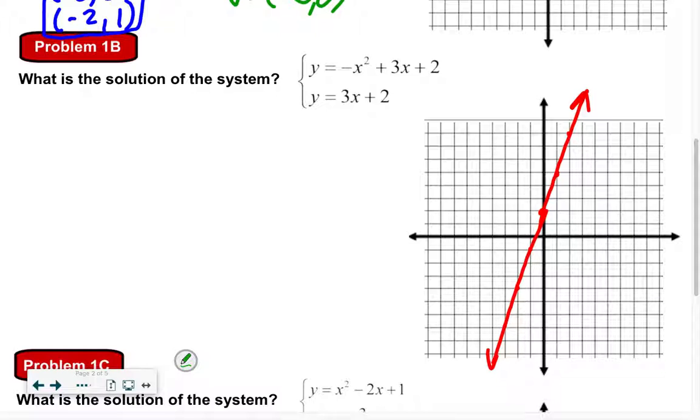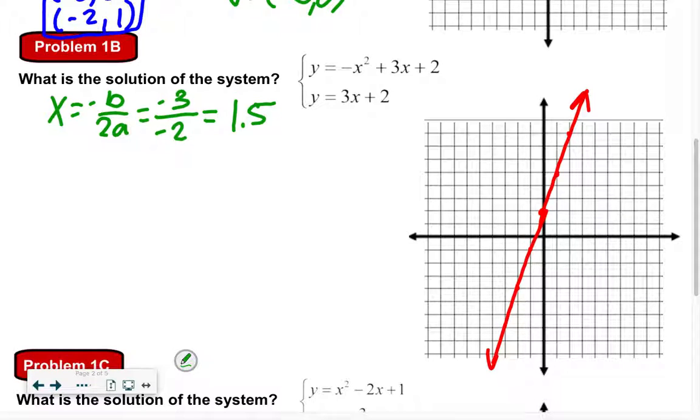Negative b over 2a. What is my b? Negative 3. What's my a? Negative 1. When I plug it in, I get negative 2. So my x, I like decimals if you like fractions, that's fine.